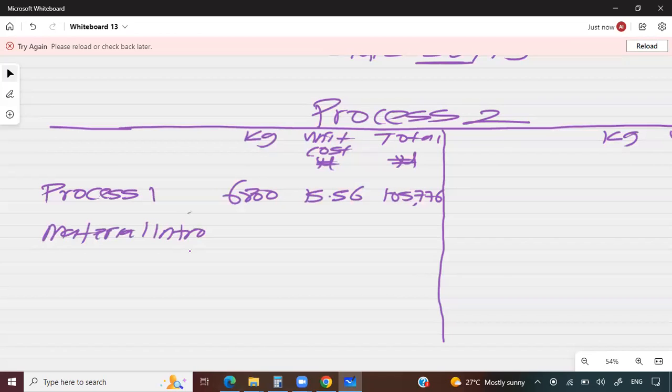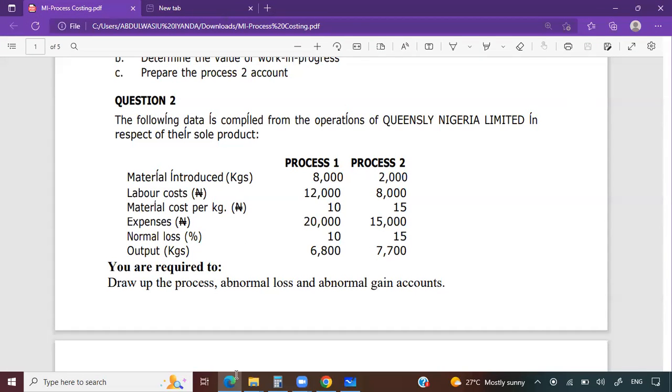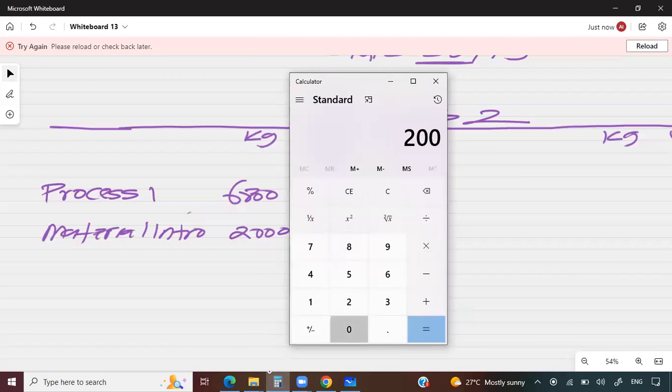We introduced 2,000 kg, and the material cost here is 15. So 2,000 multiplied by 15 gives us 30,000.